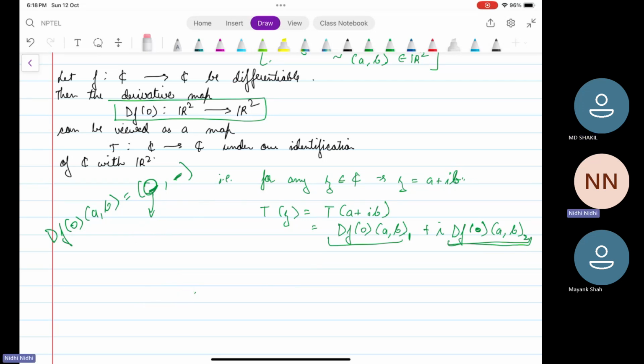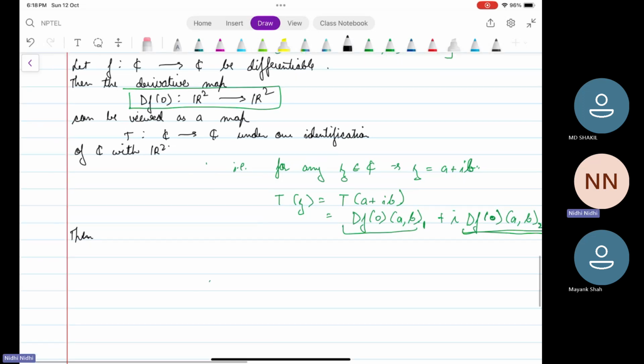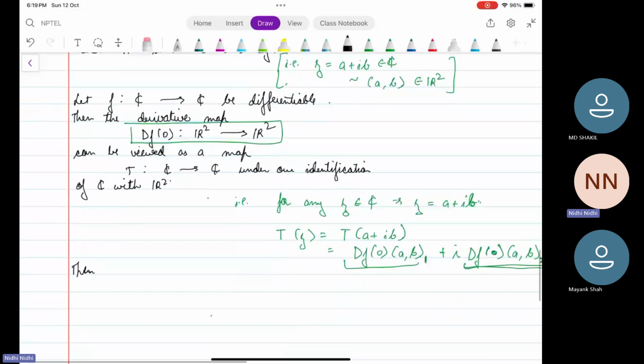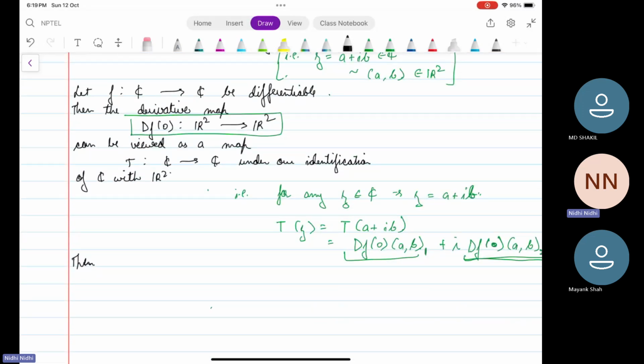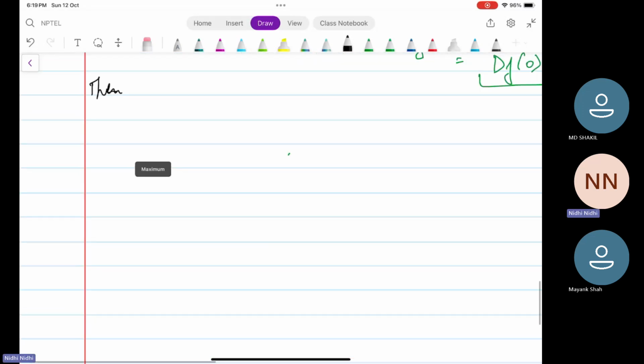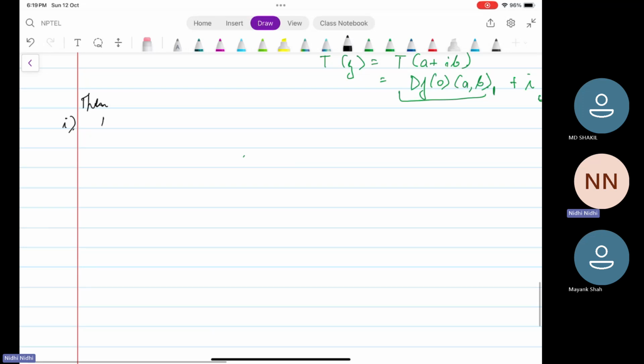Then the options are something related to this map T. Now df0, we know that this is a derivative map, so it will always be linear. We need to see when this map T is linear. Firstly, they are saying that T is automatically complex linear.